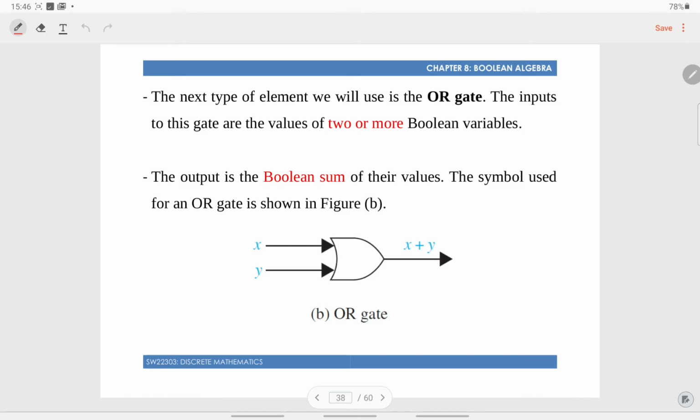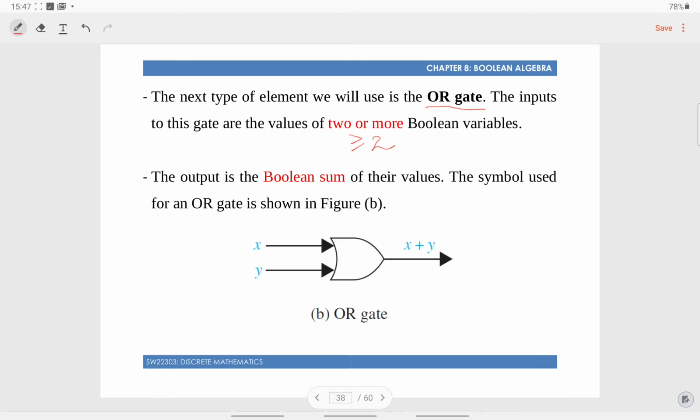The next type of element, after the inverter, is the OR gate. The inputs to this gate are two or more values, so the number of inputs can be greater than or equal to 2. It can be 2, 3, and so on.